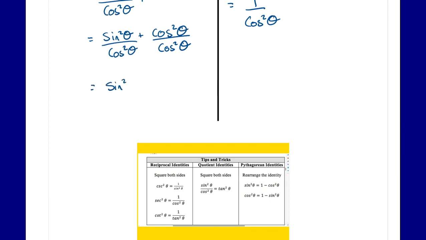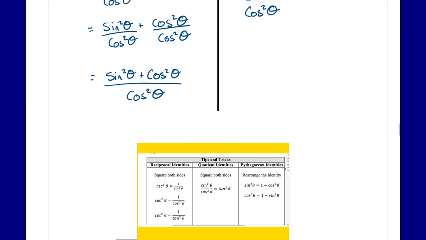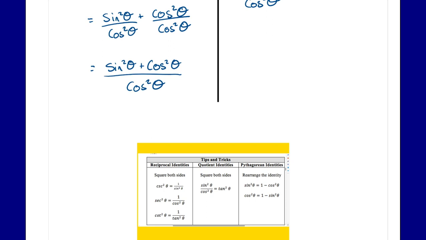I have sine squared theta plus cos squared theta, all divided by cos squared theta. And when I look at this, I can't cancel anything out, right? Because we're adding. So if we go back to simplifying rational expressions, I can't cancel anything out here.